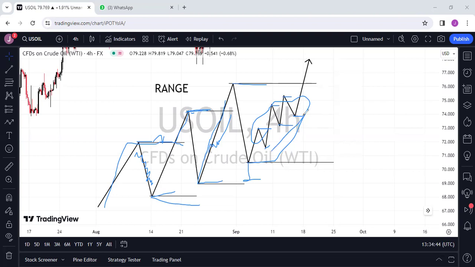Depending on how I define a low, I know that a low is any point that creates a new high. So if a point has not created a new high, I cannot define that as a low. So we need to understand that concept better.